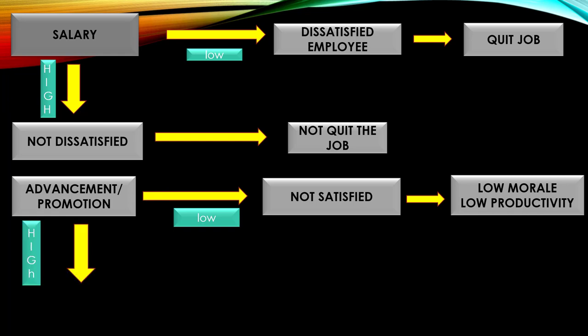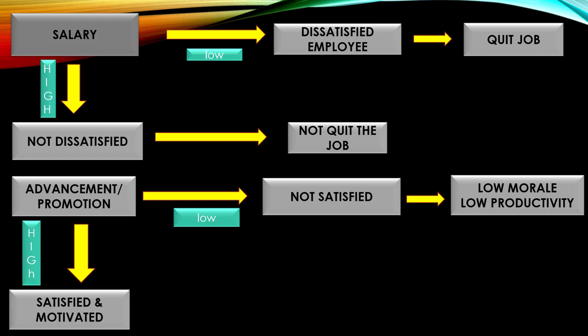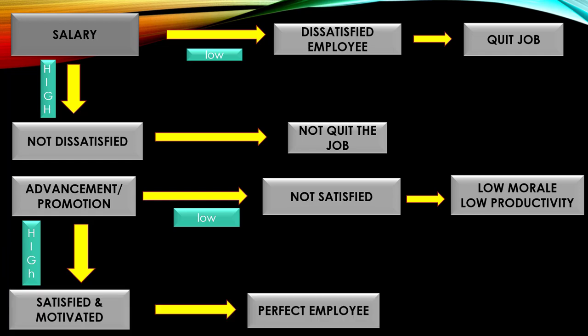And if there are high chances of promotion and advancement, then the employee will be satisfied and motivated, which will put him in the category of being a perfect employee. So this factor, promotion, has to do with the satisfaction level of the employee. That is, when the promotional chances were less, the employee was not satisfied, and when the chances of promotion were more, the employee became more satisfied and motivated.